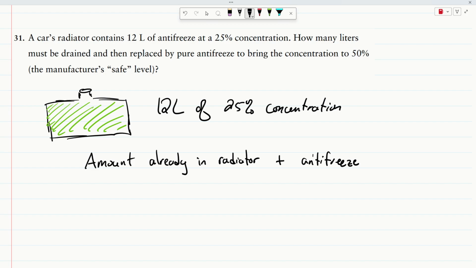And in order for us to add it, and this is why I wrote it a specific way, we're going to have to drain some out. And if you think about draining some out, we're going to subtract. Now, this has to equal 12 liters of 50%, because that's what's considered safe.